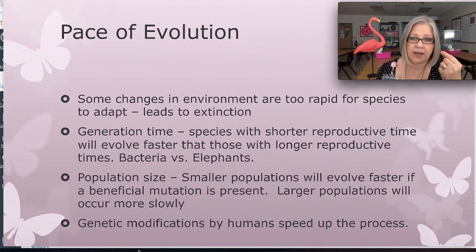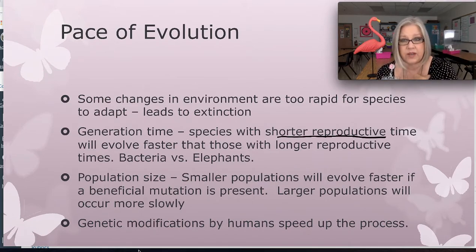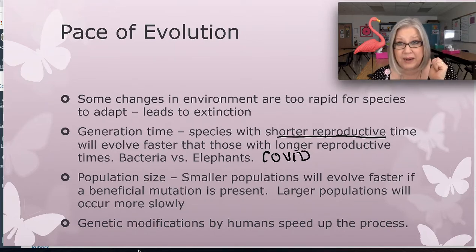Now, like I said, the more sophisticated an organism is, the slower the rate of evolution is going to be. So if you have a short reproductive time, remember this is all about reproduction, then you're going to have faster evolution. So right now, one of the things we know is that COVID-19 is evolving rapidly. Why? Because it's a virus, right? So COVID is a virus. It's the coronavirus, right?